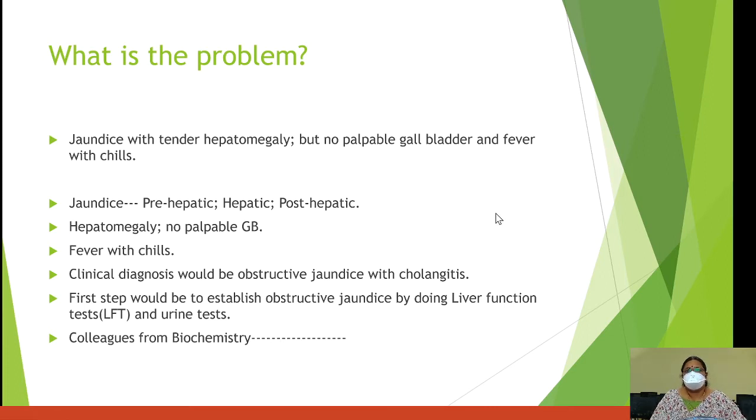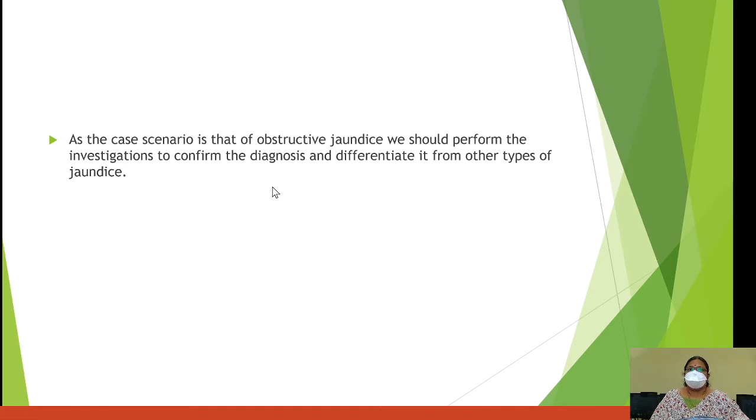So here, my part is the biochemical investigation done to establish the diagnosis of obstructive jaundice. Biochemical investigation, both blood and urine tests, to confirm the diagnosis of obstructive jaundice and to differentiate it from other types of jaundice.